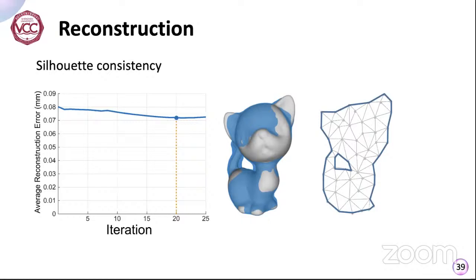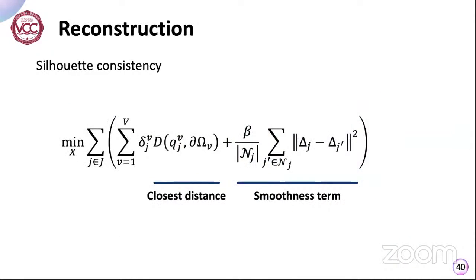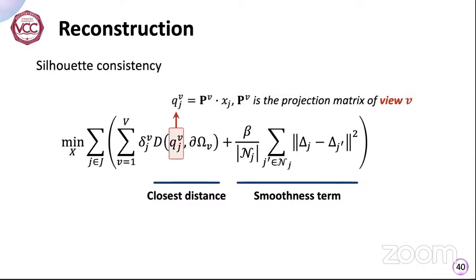Since we have already obtained the silhouette of the object from different angles, during this pre-processing stage we can constrain the consistency between this extracted boundary and the silhouette under each camera view. So this is how we do it. The q_j is a projection of each 3D point, and this sigma is the silhouette.